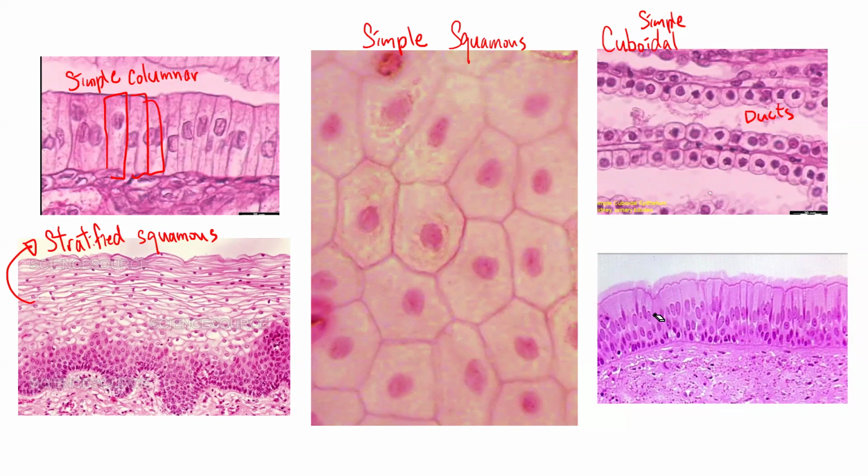It looks like it's multiple layers, but actually it's not. So this one would be the pseudo-stratified ciliated columnar. All right.